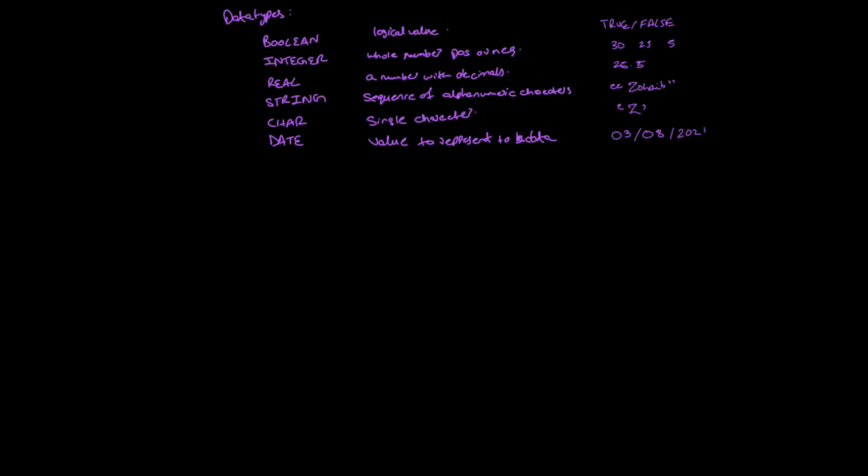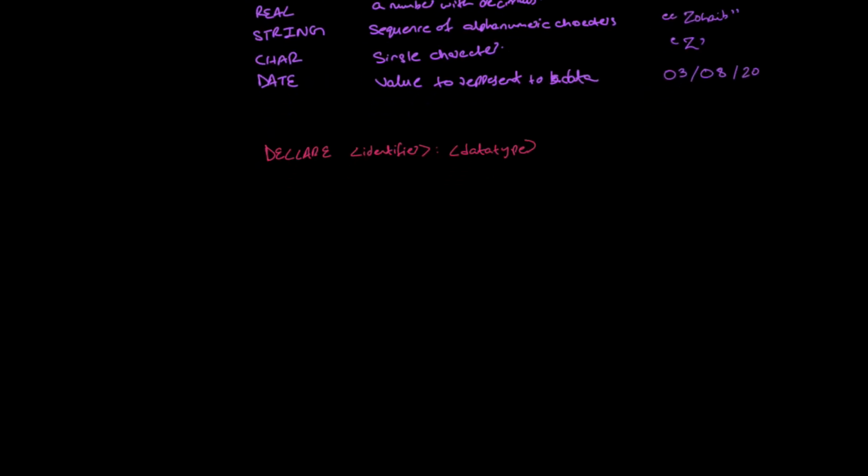Apart from that, what we need to know is how to declare these variables inside pseudocode. We use the keyword declare, then we write our identifier, meaning our variable name, and then we write the data type for it. So this is the general construct. Let's try declaring a variable.